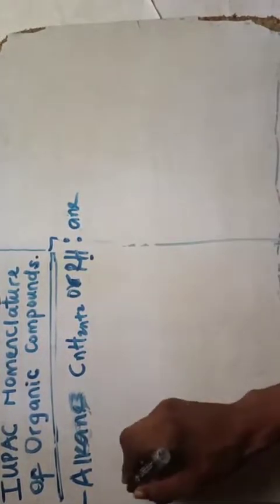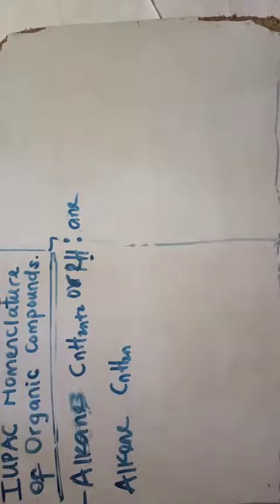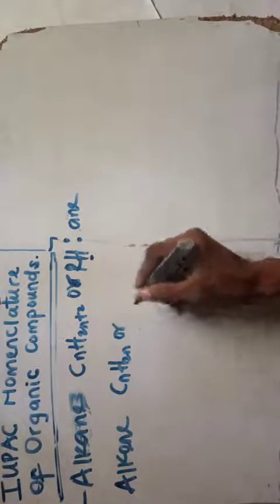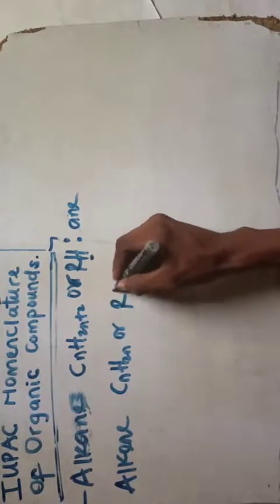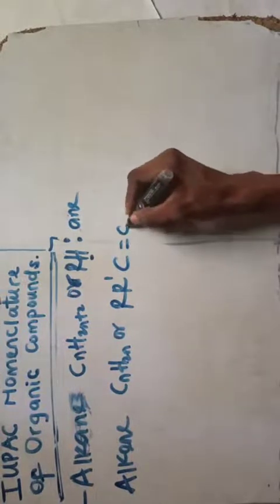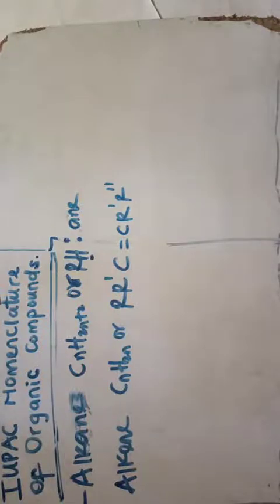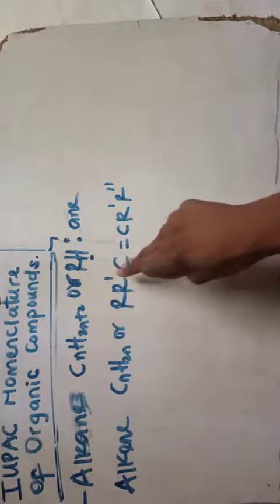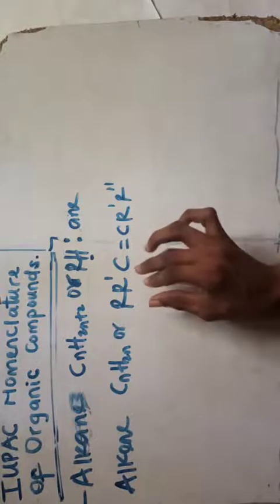Next we have alkene. Its formula is CnH2n. In a very simple term, you can write it as R, C double bond C, R. This just talks about the different attachments in it, the difference between the double bond.